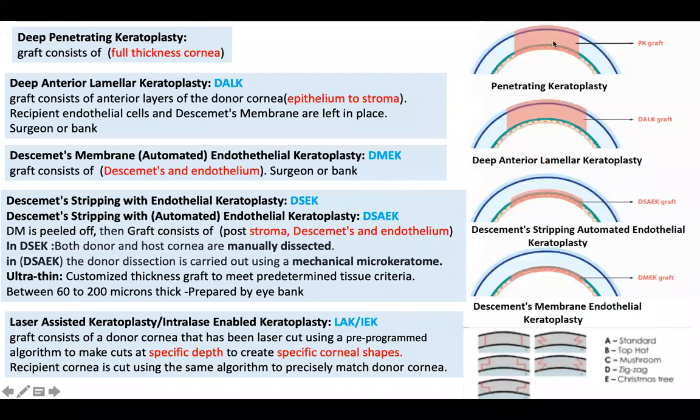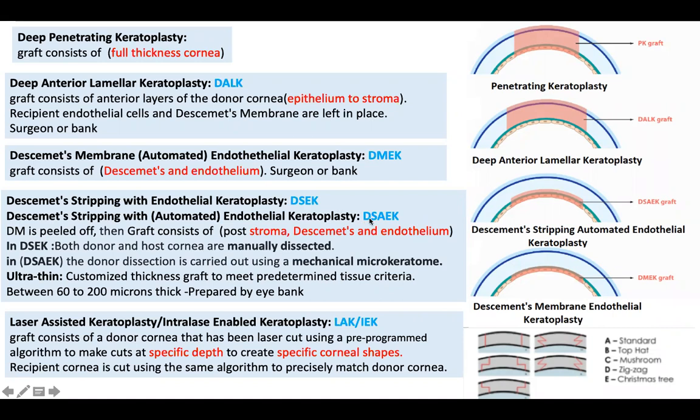This one, penetrating keratoplasty, we take full thickness graft. This one, deep anterior lamellar keratoplasty, we take epithelium and stroma. Then DMEK, we take only the Descemet membrane and endothelium.